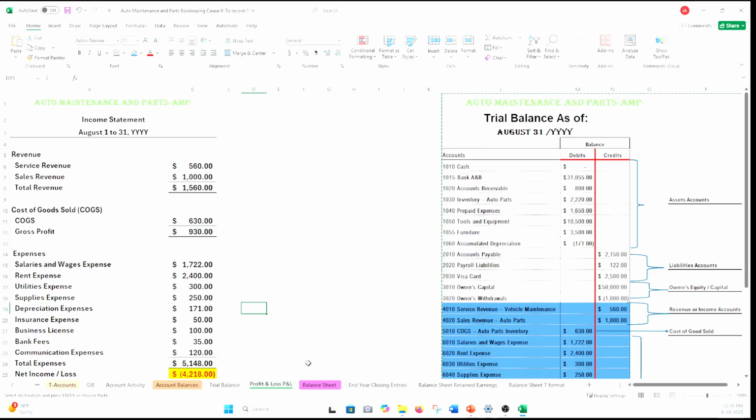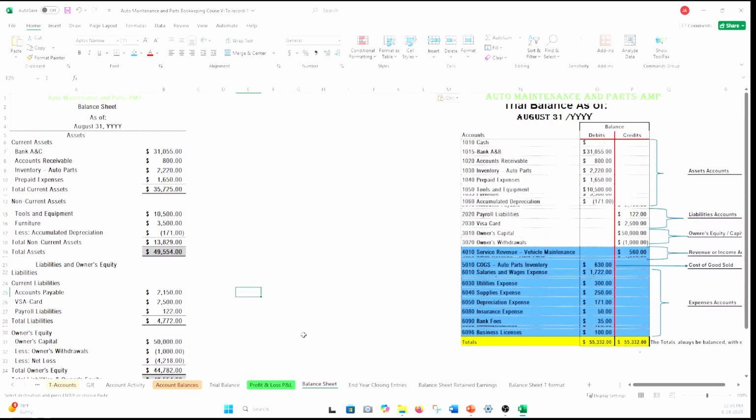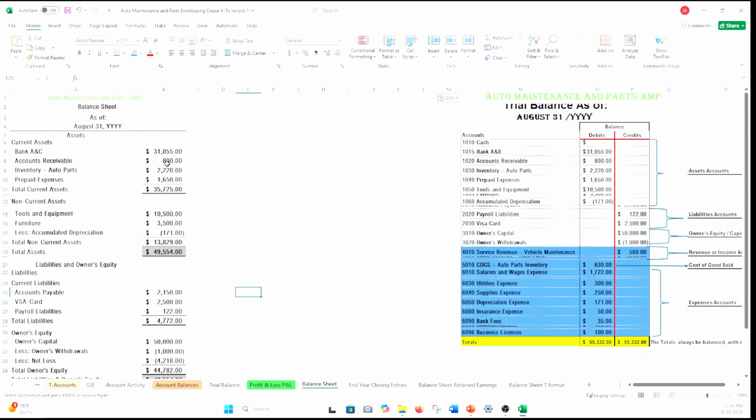We never, and I want to repeat, never do the closing entries for balance sheet accounts. Balance sheet accounts carry their balances forward all the time.